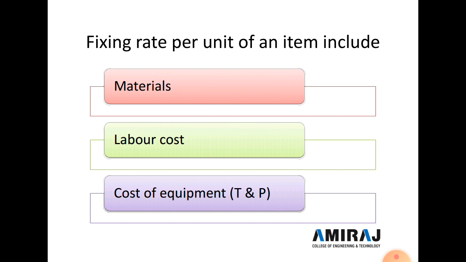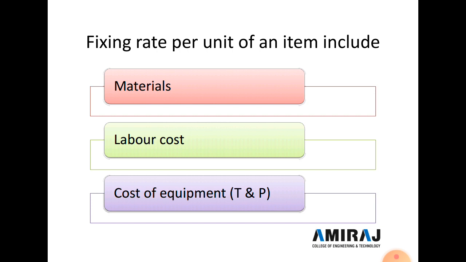For example, hire charges of concrete mixer, vibrator etc., hire charges of material lift, hire charges of road roller, or hire charges of crane. These are different examples of hire charges.